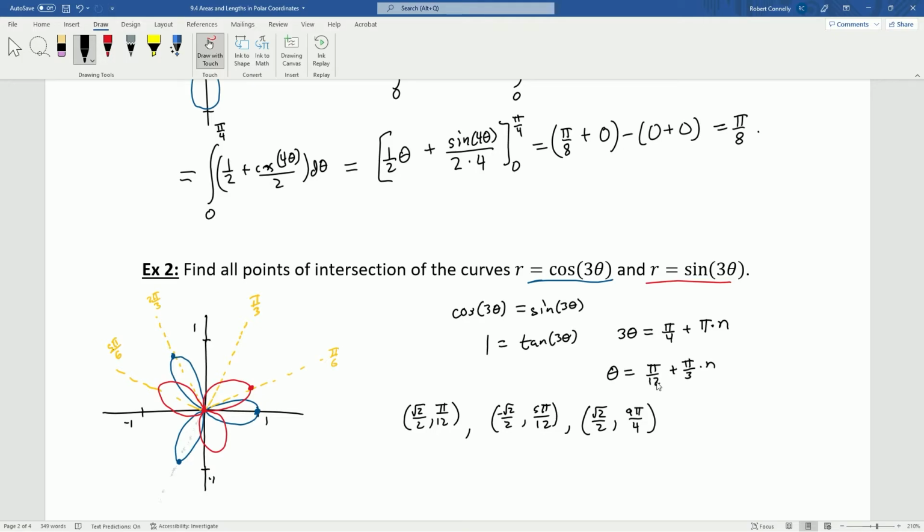And for 13 pi over 12, cosine should give us, we multiply by 3, we get 13 pi over 4, which is 3 pi plus a fourth. So we should get a negative square root of 2 over 2 here.